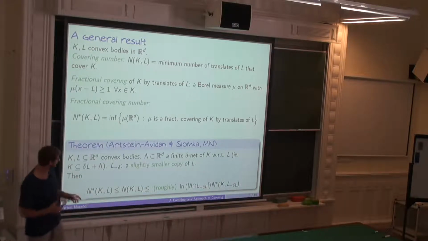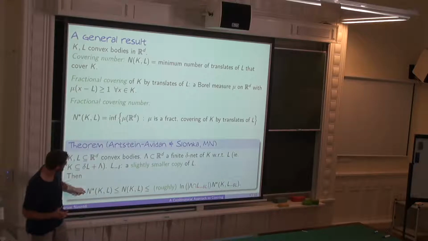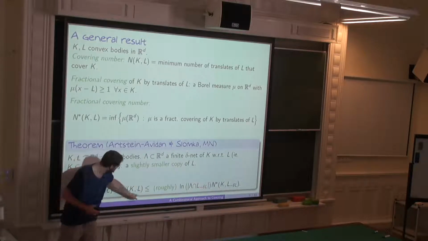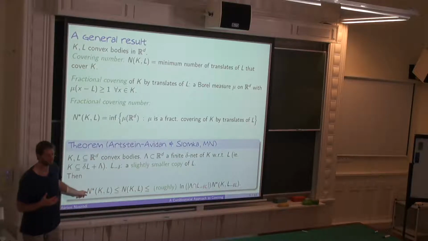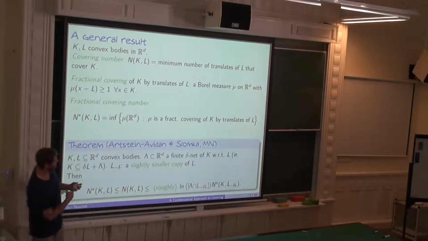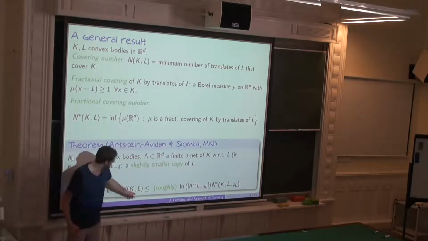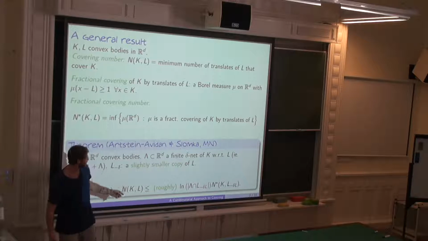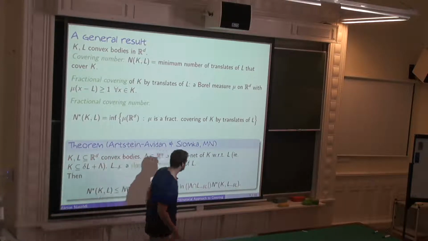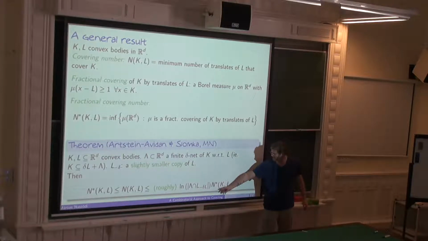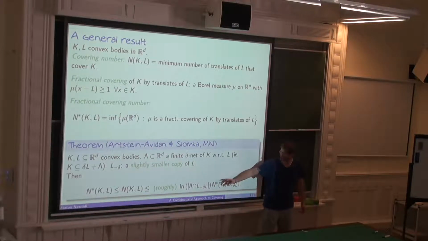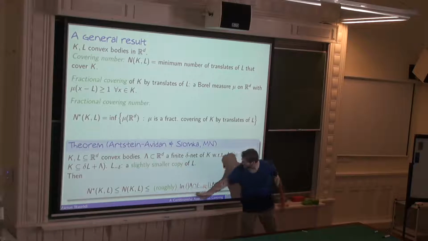If you think about it, n is the solution of an integer programming problem, and n star is the solution of the linear relaxation of this problem. But the interesting part is to go from above. So can we bound n from above in terms of n star? Here's this bound: the covering number can be bounded by n star with this error.